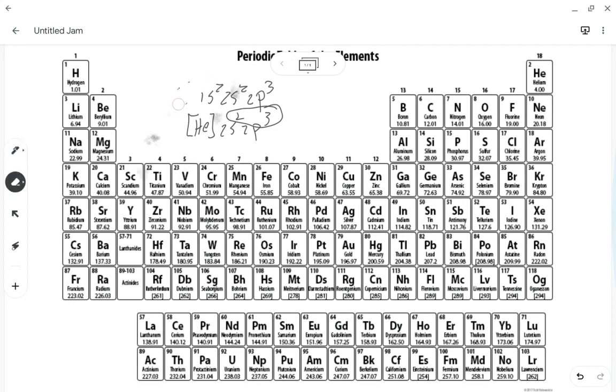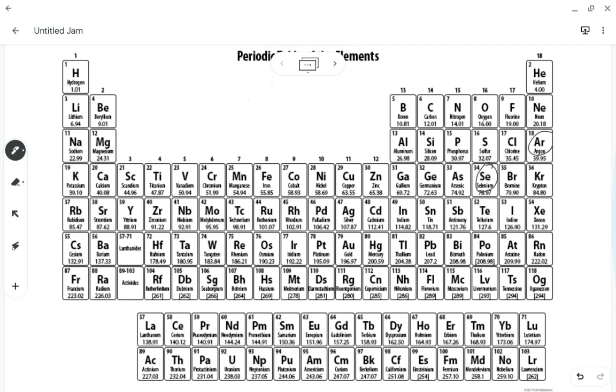I'll give you a few more examples, because that was just one example I could pick. Let's go with selenium right there on the periodic table. We write its electron configuration.